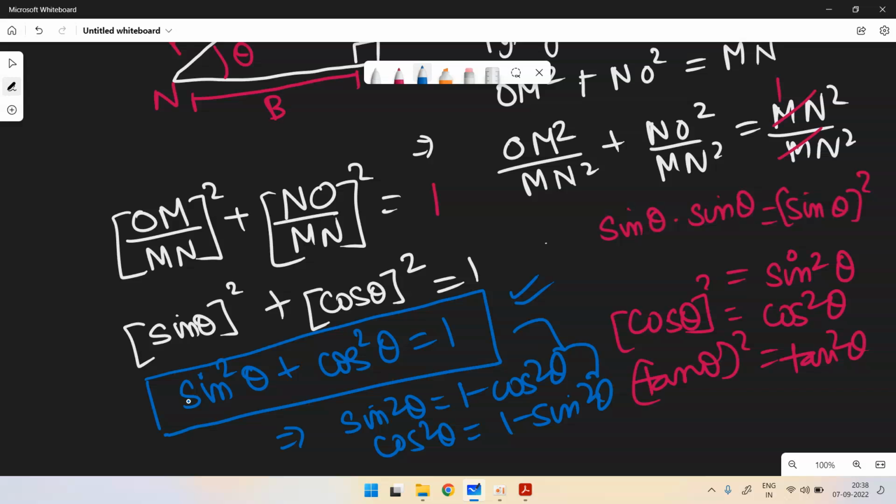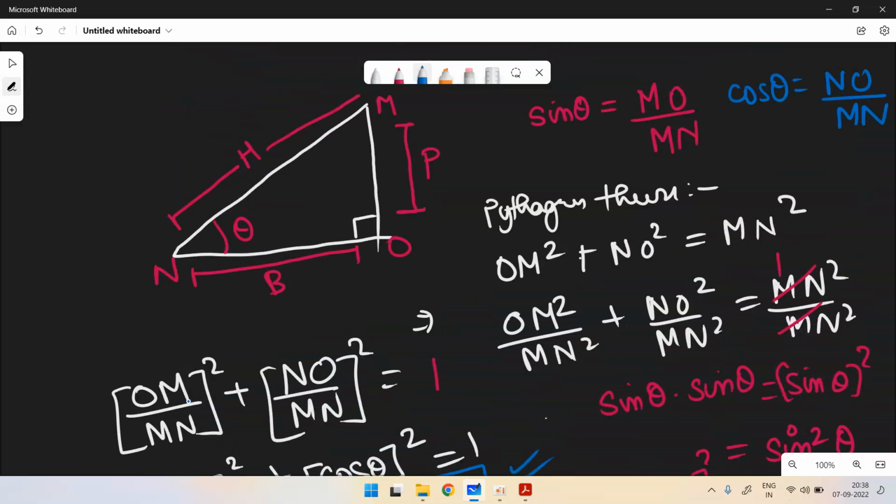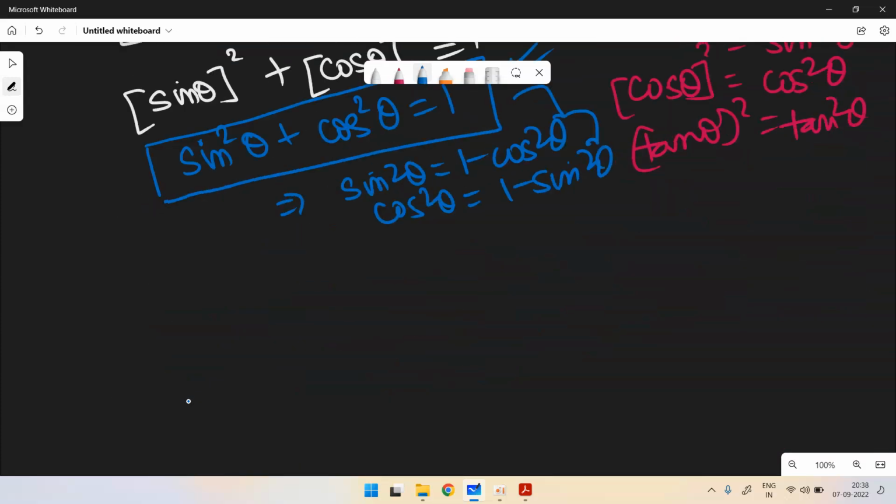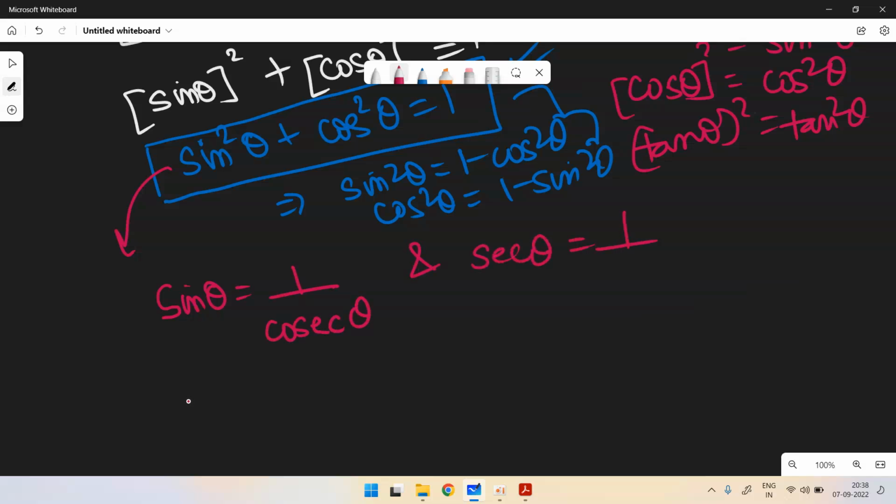Now I have also told you that sine theta equal to 1 by cosecant theta, because these are inverse, and secant theta is 1 by cos theta. You know that?